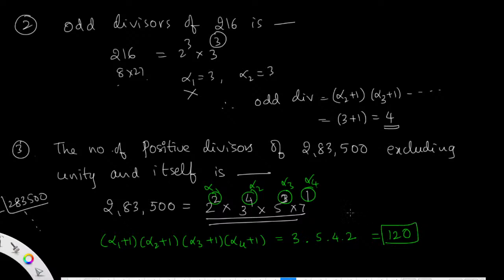Out of 120, the question says excluding unity and itself.